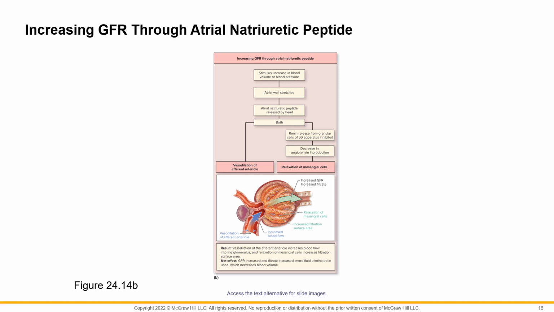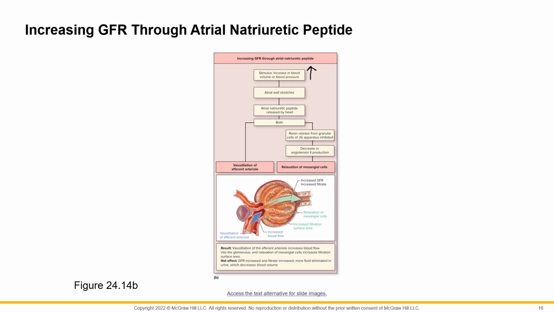Now, if your renal autoregulation fails, like we saw a couple of slides ago, which is where GFR went up because blood pressure went up and you ended up contracting your afferent arteriole. So here is how that happens. Now, blood pressure increased, right, because of stress, or blood volume increased because you drank a lot of water.